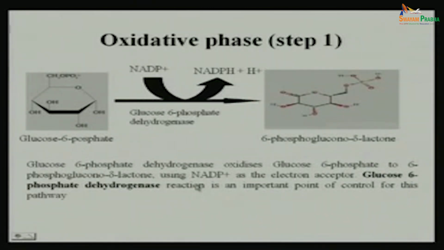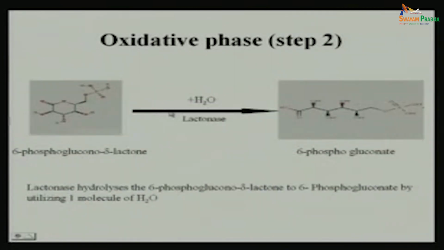Here one molecule of NADPH is produced in this reaction. This particular enzyme, glucose 6-phosphate dehydrogenase, plays a significant role which controls this particular pathway.